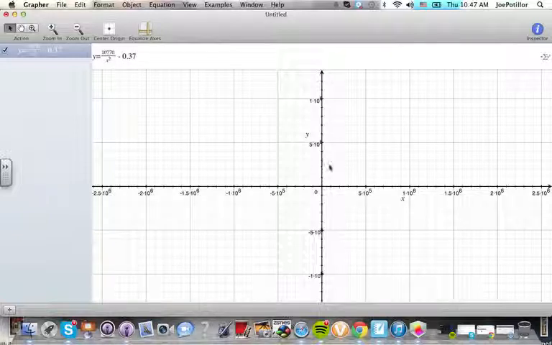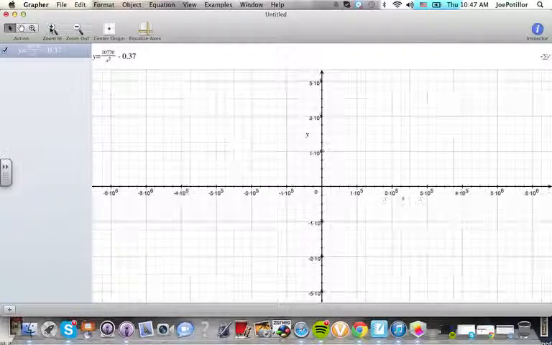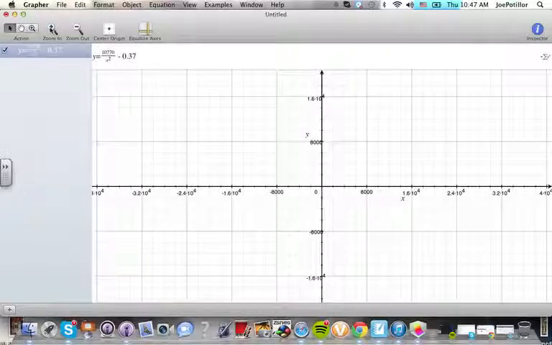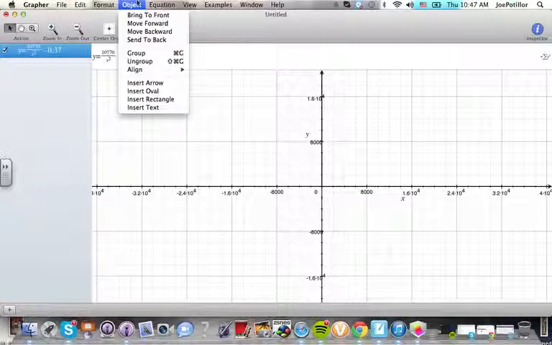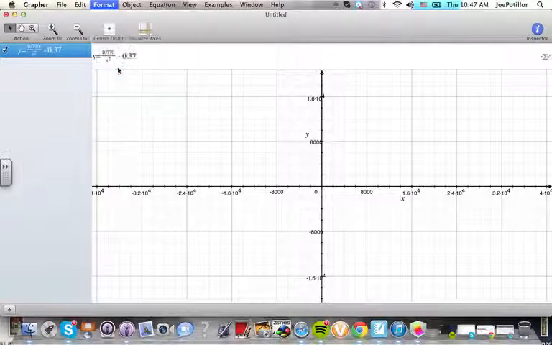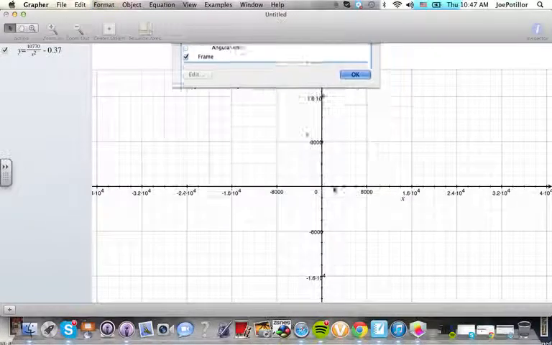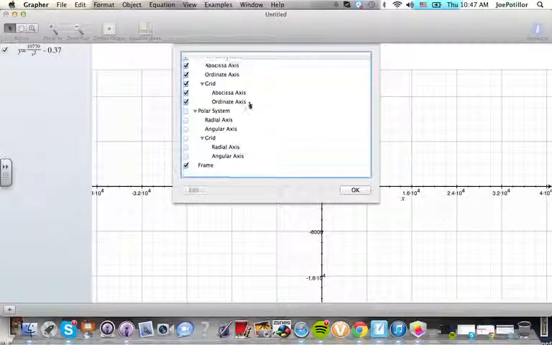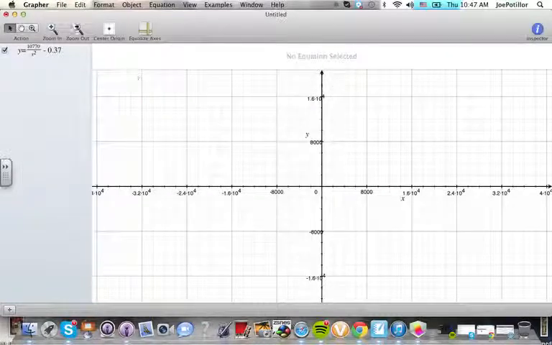Okay. So this is our graph. I'm going to adjust the window. Coordinate system. No, not yet. Format.